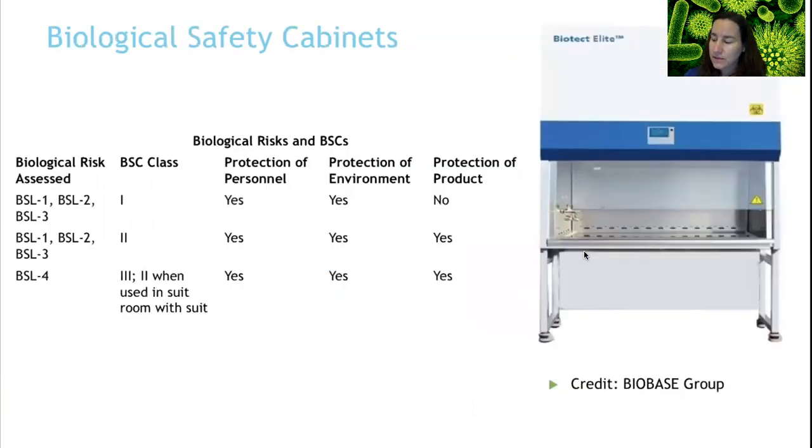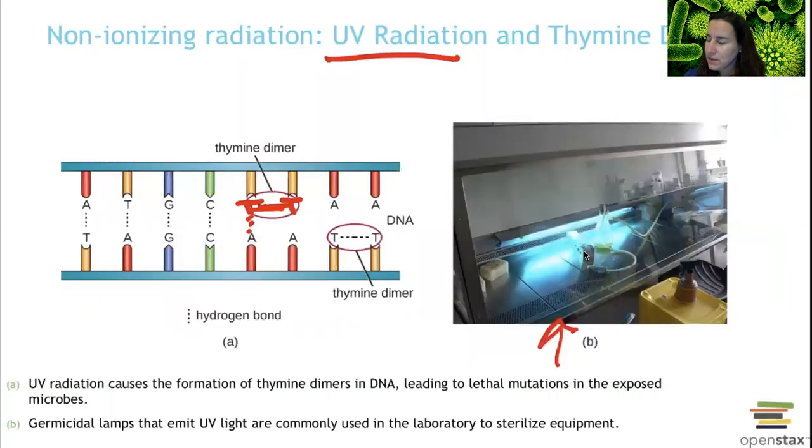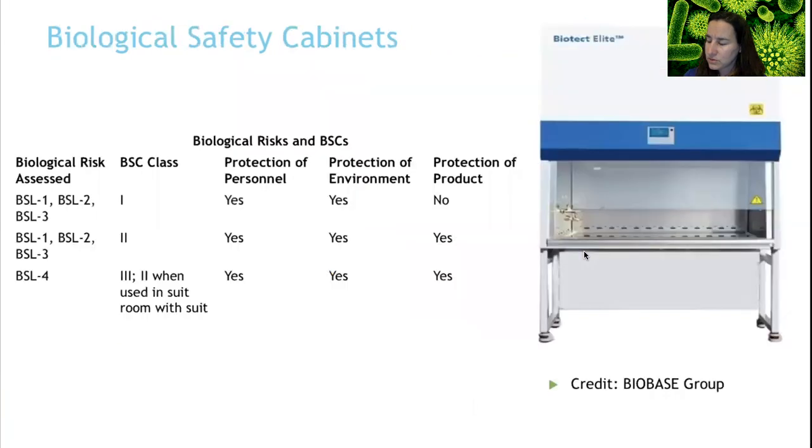Here's the safety cabinet. Again, we just saw one here with the UV light. This one's closer looking to the one that we have in our lab, so I picked this picture. You can see all the different BSL levels, and what it's going to do is control the air so it's not flowing out into your lab.